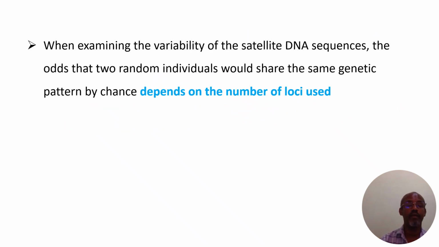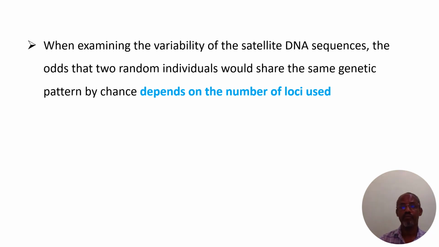And when examining the variability of the satellite DNA sequences, the odds that two random human individuals would share the same genetic pattern by chance depend on the number of loci. From how many different places did you take this short tandem repeat? One locus, two loci, three loci, four loci.